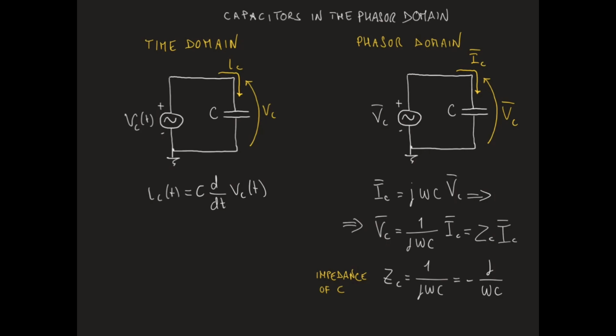The result we got here, that the time derivative in the time domain becomes multiplication by j omega in the phasor domain, should ring a bell for those who are familiar with the Fourier transform.